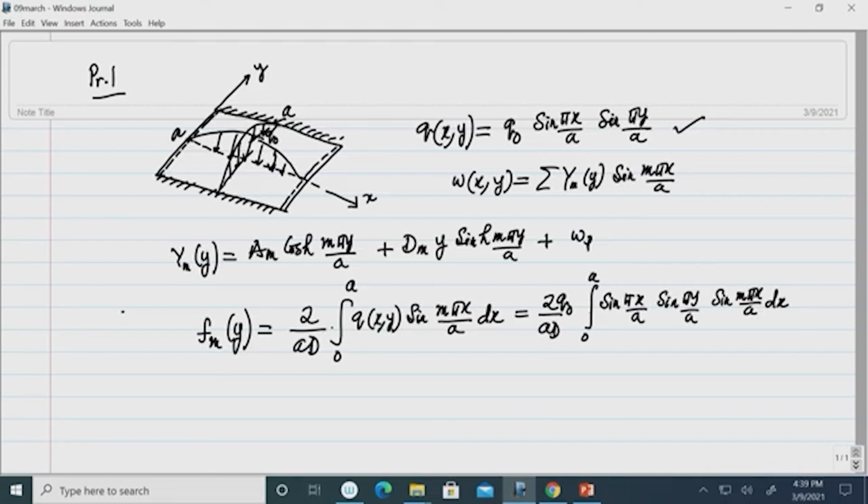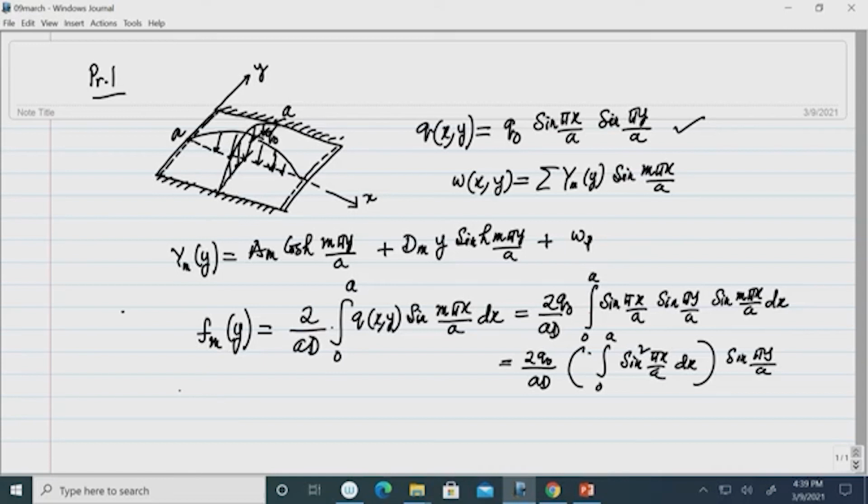Now, if I integrate sin(m pi x by a) with sin(pi x by a), it is 0, and only non-zero when m is equal to 1. So, taking m equal to 1, that integration can be carried out: twice a D, and you will get this integration as 0 to a of sin square(pi x by a) dx, and then sin(pi y by a) will appear as it is, as a function.